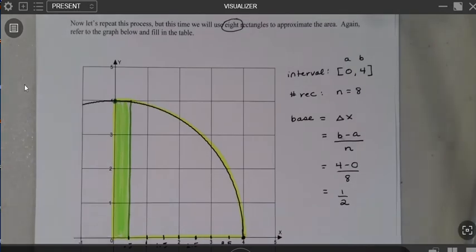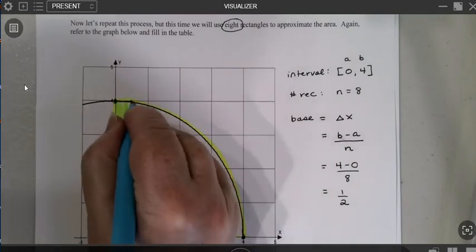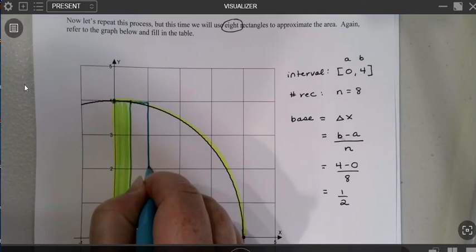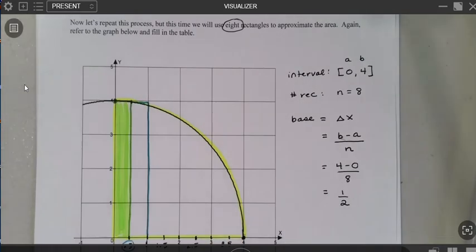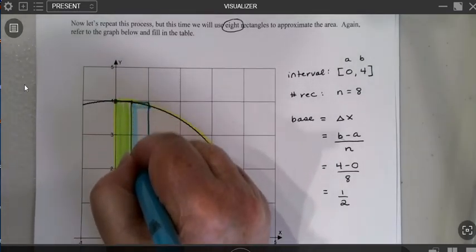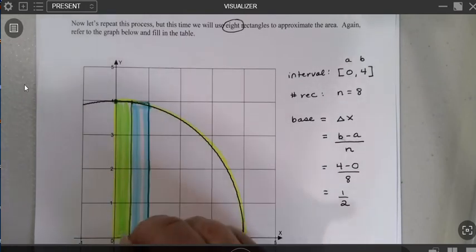So in my second rectangle, it starts here at x equals 0.5, about here. I'm leveling that one off. And there's my second approximating rectangle.